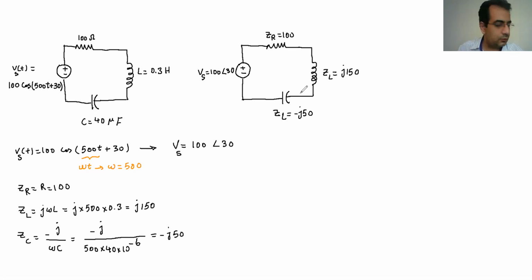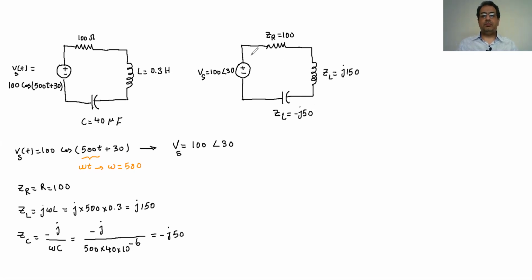By the time I get to this point, I'm going to simply assume everything behaves as a resistance. So this is a resistance of 100, this is a resistance of J150, and this is a resistance of negative J50. You can assume it like that, and then solve it.